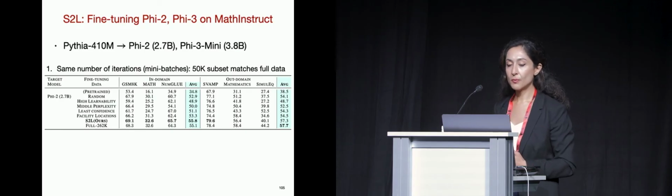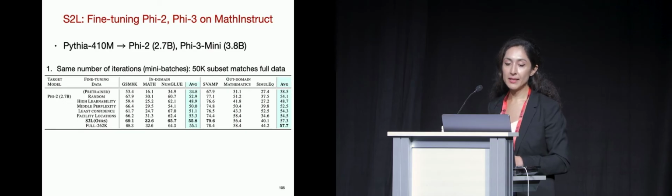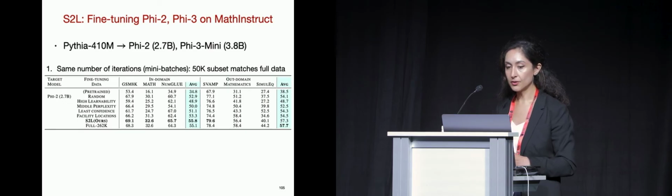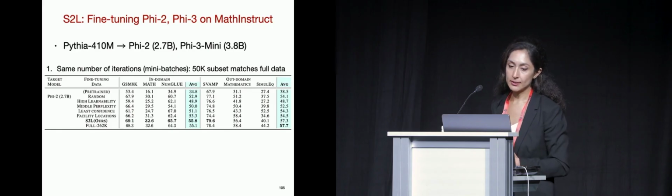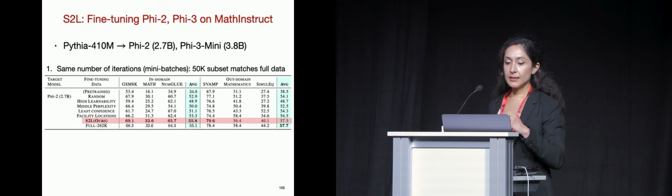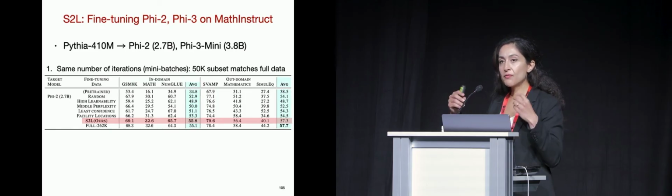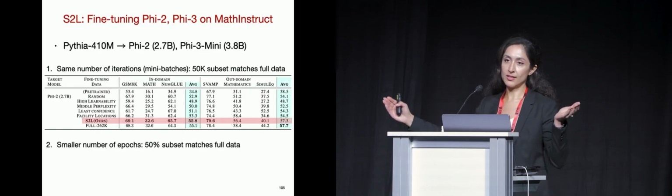Can we fine-tune larger models too? In this case, we are considering Phi-2, which is 2.7 billion parameters, and Phi-3 mini, which is 3.8 billion parameters. Our proxy is now going to be the Pythia 410 million. Here, we are selecting 50K subsets, the small subsets, but we train on them for the same number of iterations, mini-batches, as training on the full data.